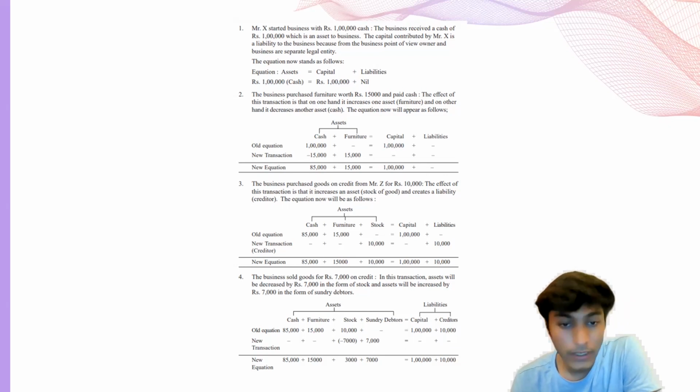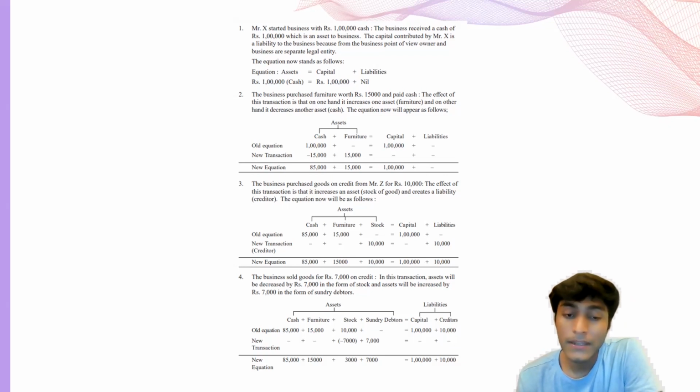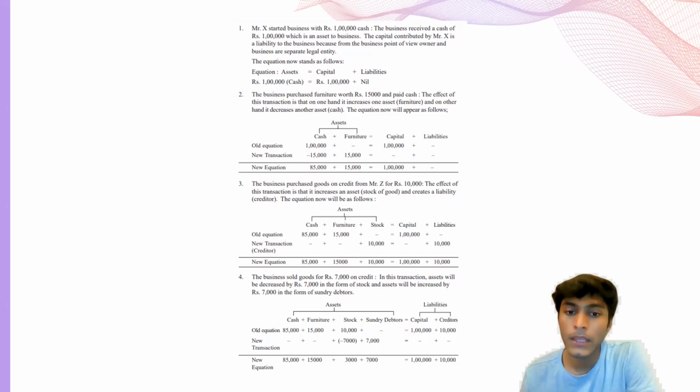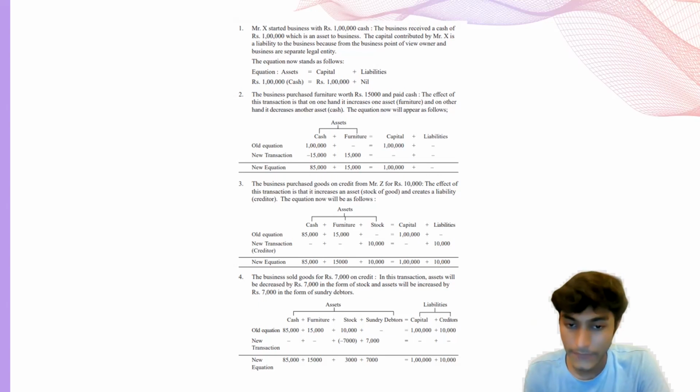But in return, we have not received the cash yet, so our cash has not increased, but we have sold on credit. We'll be receiving the money in future, so it's sundry debtors. The net effect is that the stock has reduced by 7,000, and the asset has increased by 7,000 in terms of sundry debtors.